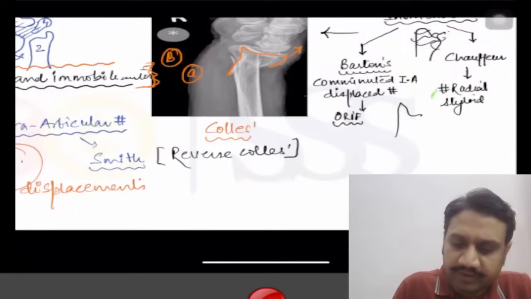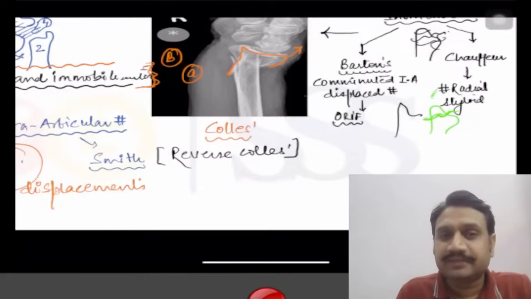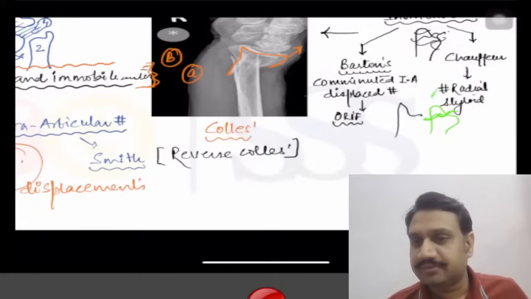When you see the radial styloid, something like this, the fracture here of the radial styloid is what you simply call the Schoffer, right? Same like Rolando. Yes, Sahana, you are absolutely right.